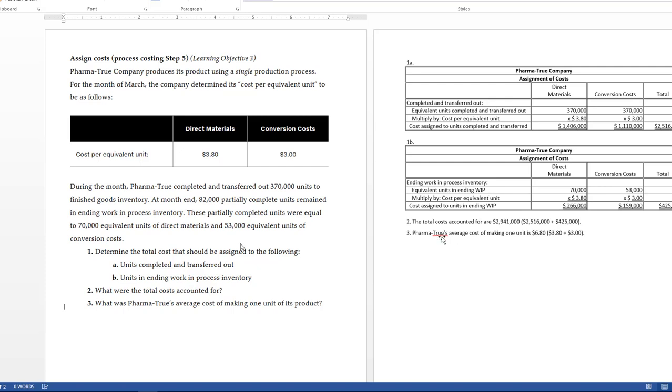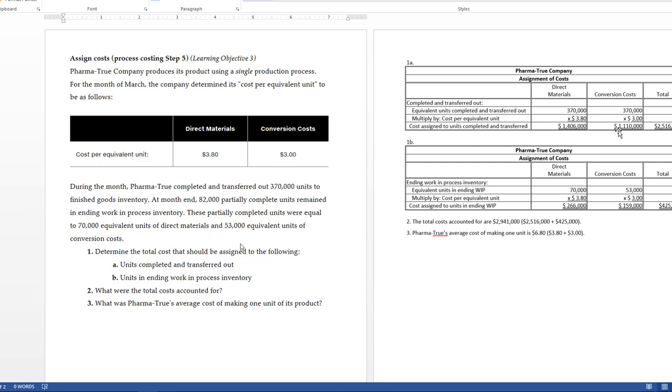Well, if we look at the direct materials, we were told that 370,000 units were transferred out of direct material. And we know that the cost per equivalent unit is $3.80. That's given to us here. So our total cost assigned to those completed and transferred out is $1,406,000. Now under the conversion costs, we were also told, of course, 370,000 units were completed and transferred out, but the conversion costs were $3 per unit.